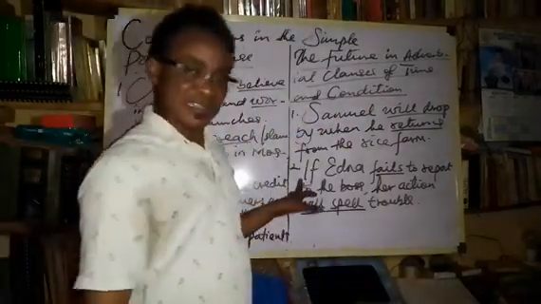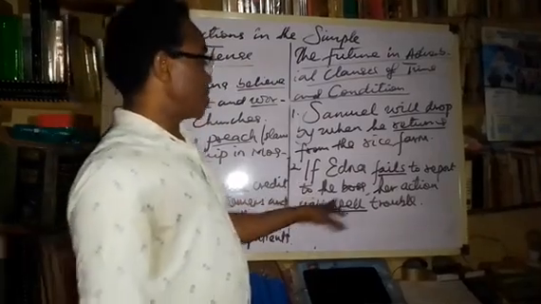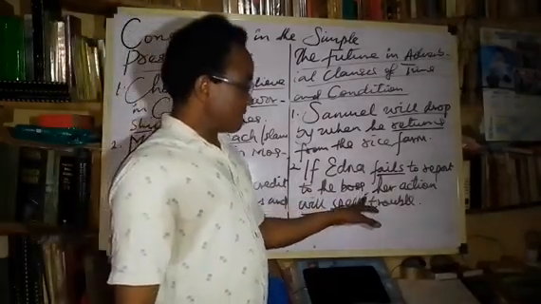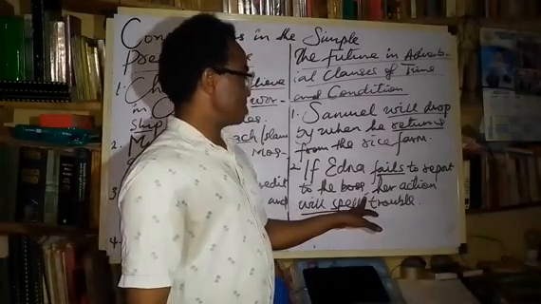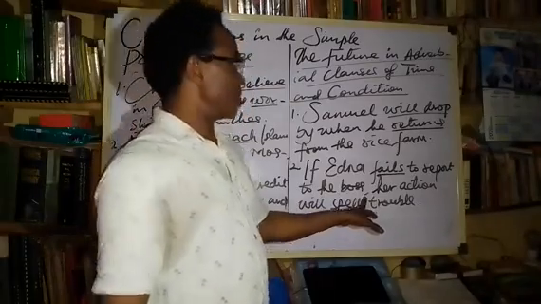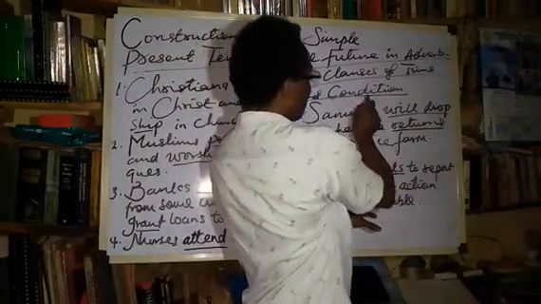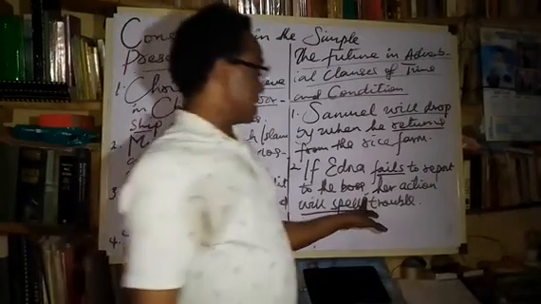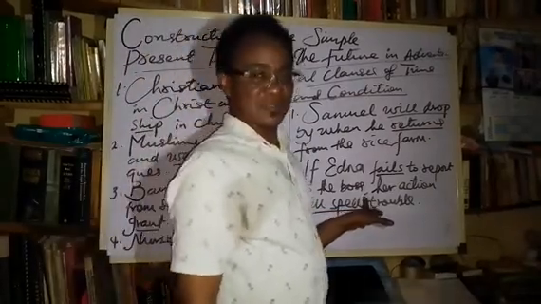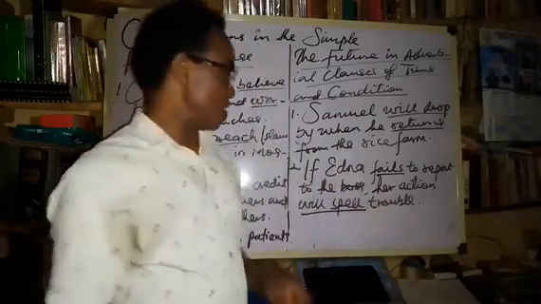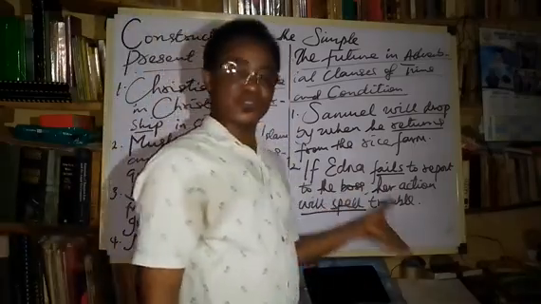The first part of the sentence, if Edna fails to report to the boss, separated from the other by this comma, is an example of an adverbial clause of condition. It gives us the condition, the circumstance under which her action will spell trouble.